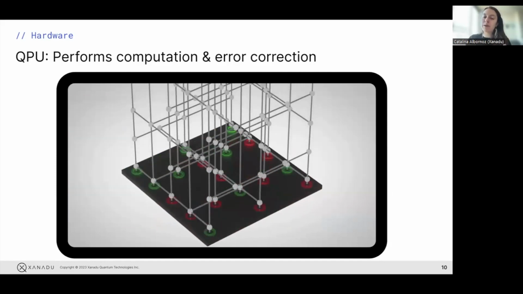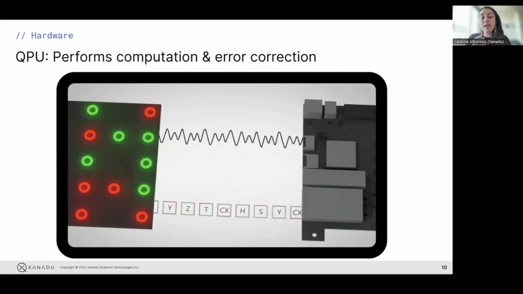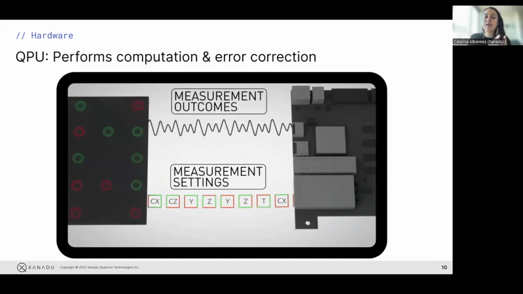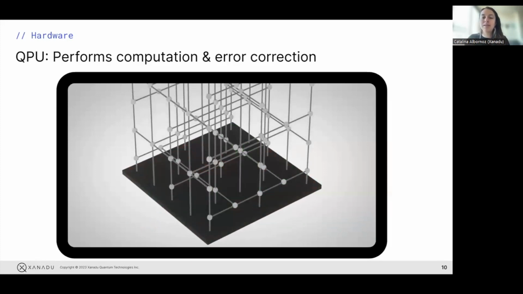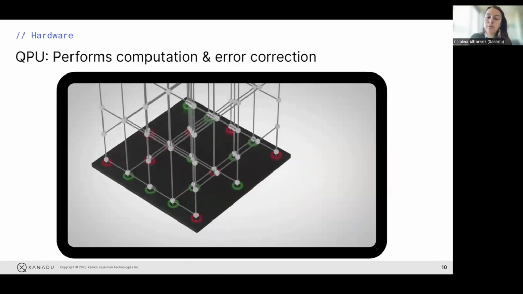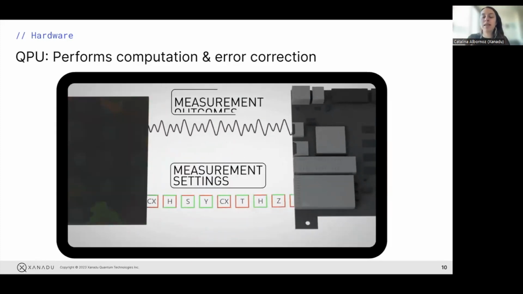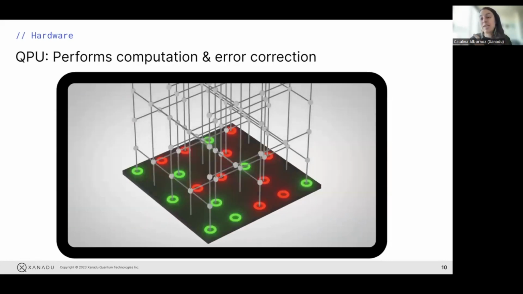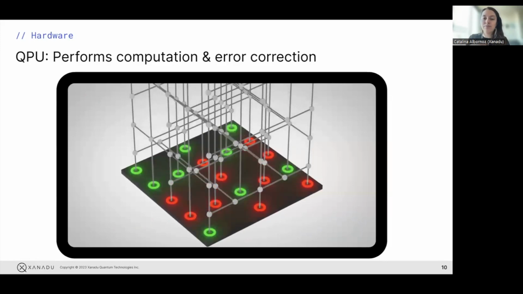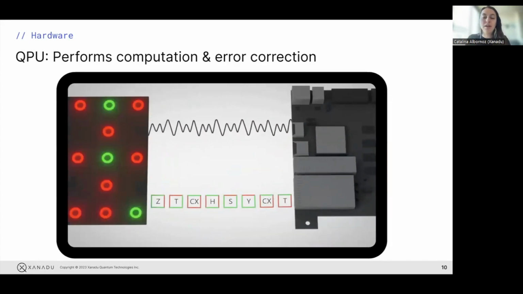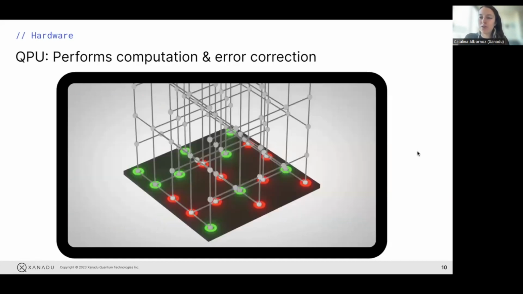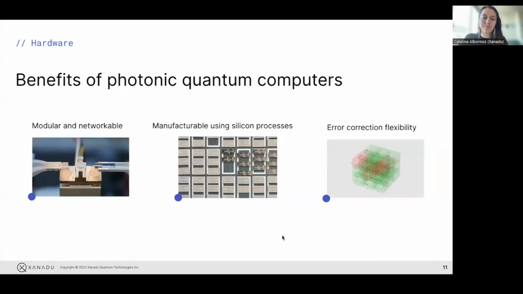So it will perform a specific measurement depending on the gate that you want to apply. So performing a measurement is equivalent to applying a gate. And then the result of that measurement is what you analyze, and what, again, the compiler can translate to something that you can understand and interpret. So definitely worth reading more if you're interested in this technology.